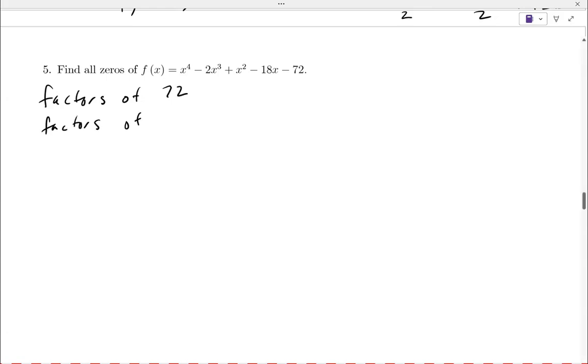72 and 1. Good. Factors of 1. 1. That one's easy, right? Factors of 72. 1 and 72. Yep. 3 and 24. 4 and.